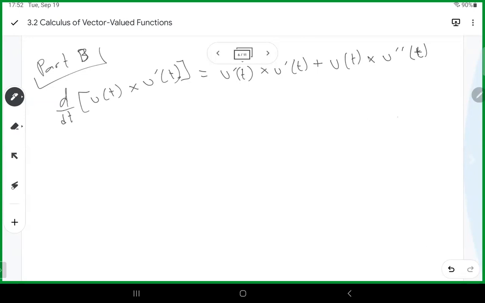Recall that the cross product of any vector with itself is 0. Furthermore, u double prime t represents the second derivative of u of t. Okay, so the first part will be 0.